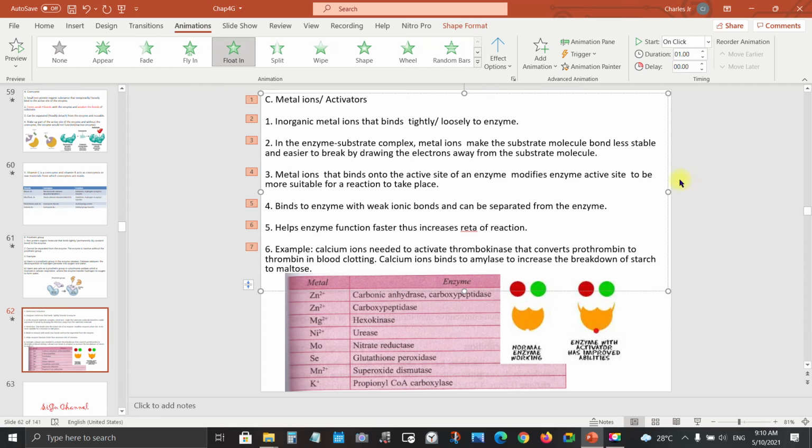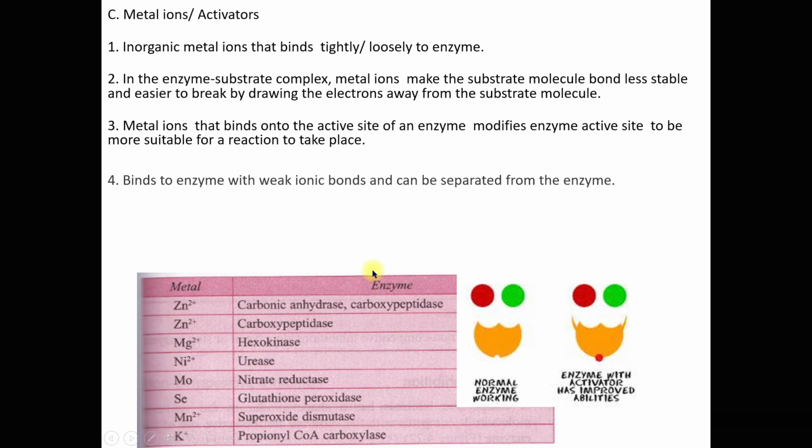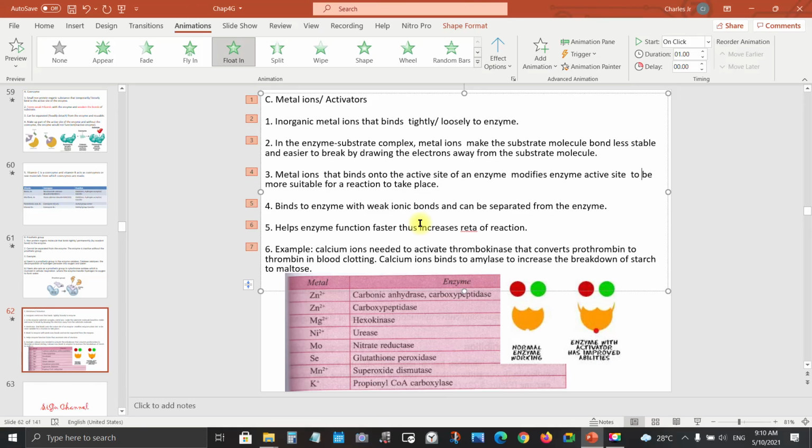Now, metal ions bind to enzyme with weak ionic bonds and can be separated from the enzyme, and metal ions help the enzyme to function faster, thus increasing the rate of reaction.